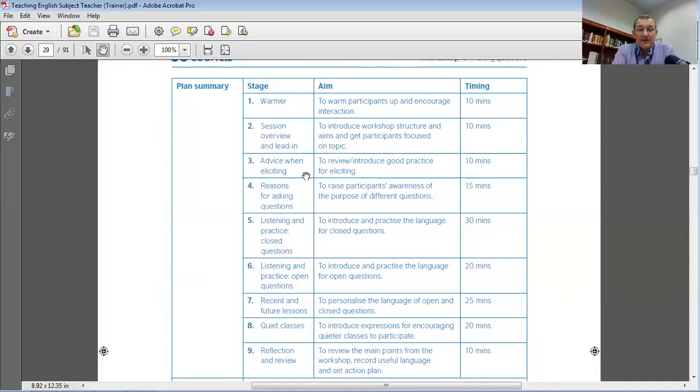The next stage is we'll look at open questions, and these are questions whose answers are, well, open, much longer. They're not just yes or no. So here, you, the trainer, will elicit, and that means getting ideas, answers from the participants, not giving, but drawing it from them.